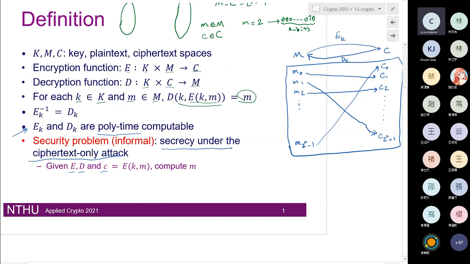And we are saying that if nobody can break this system, by which I mean that nobody would be able to compute M, then that implies that this crypto system is secure under ciphertext only attack.